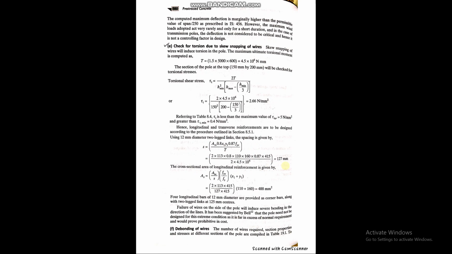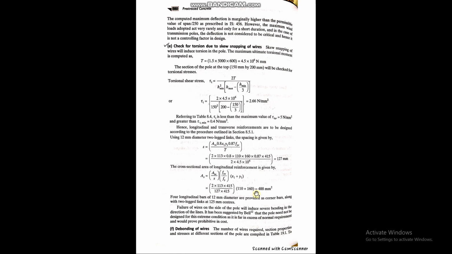Then we calculate the cross sectional area that is required for the longitudinal bars. Since the torsional resistance will be carried by the transverse reinforcement, the transverse reinforcement also needs to be supported by the longitudinal bars, which will be positioned at the corners. Simply by using this expression, you can calculate the area that is required for the longitudinal bars.